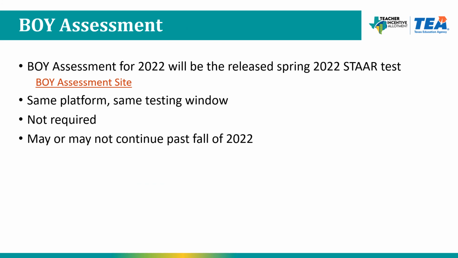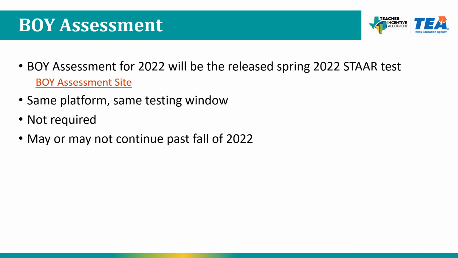I do want to note that the beginning of the year STAAR assessment for 2022 will be the released spring 2022 STAAR test. The beginning of the year STAAR test was released in 2020 to provide baseline data during the pandemic. Some TIA districts are using the beginning of the year STAAR assessment, and it will not be a new assessment for this year. It will be the 2020-22 release STAAR.